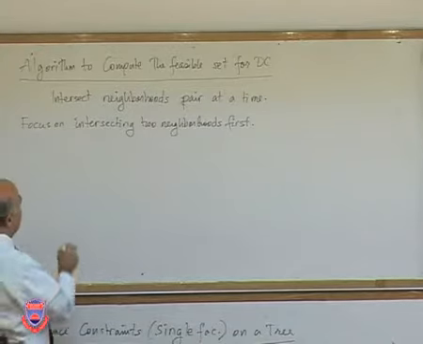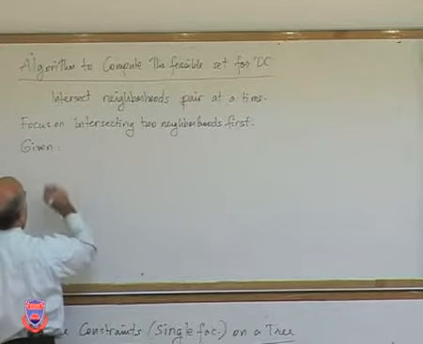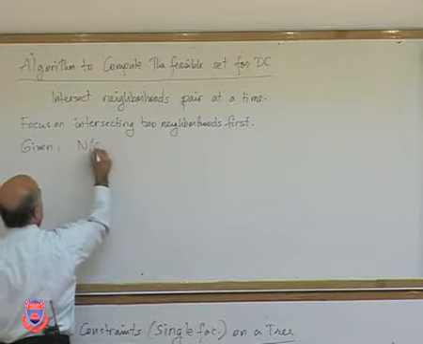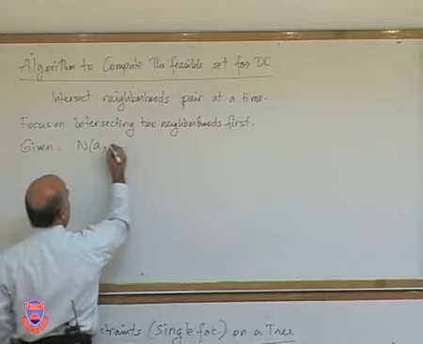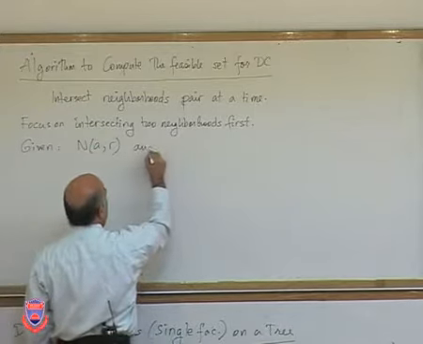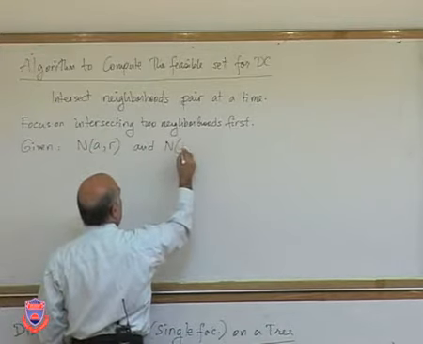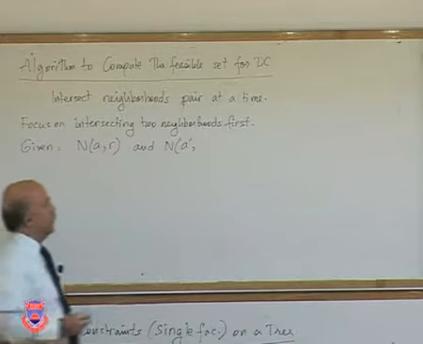Okay, so given two neighborhoods, say one centered at A with radius R, and another one with, say, center at point A prime in the tree.